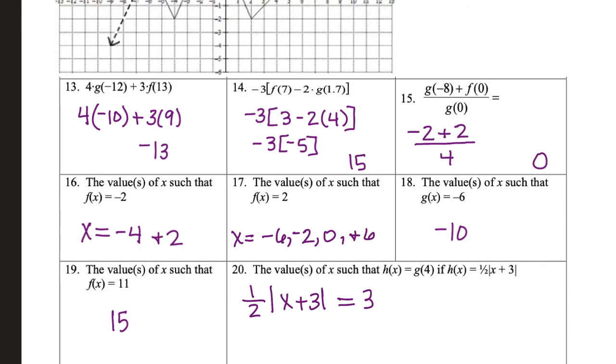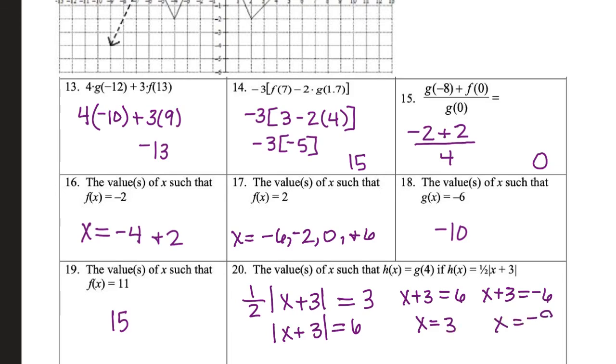Working your algebra with this, the absolute value of x plus 3 is equal to 6. And then you have your 2 cases. You have x plus 3 equals 6, and then x plus 3 equals negative 6. And so x equals 3 or x equals negative 9. So there's your 2 solutions there.